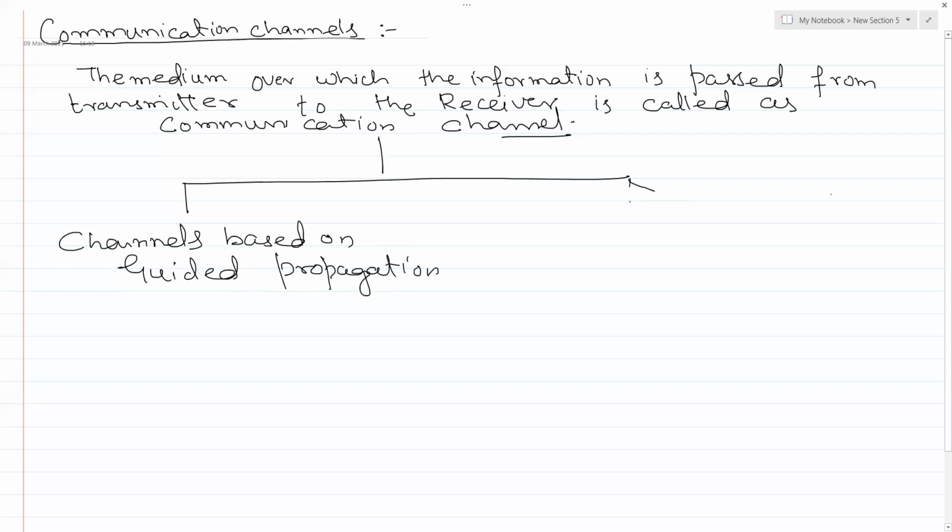And another one is channels based on free propagation, meaning unguided. There is no guided path in free propagation.